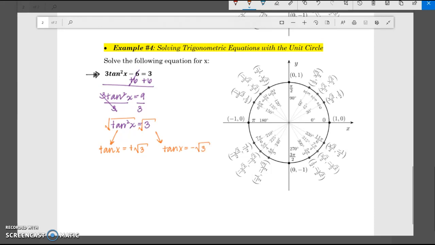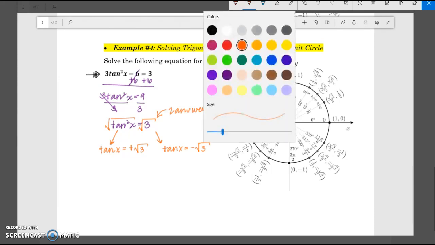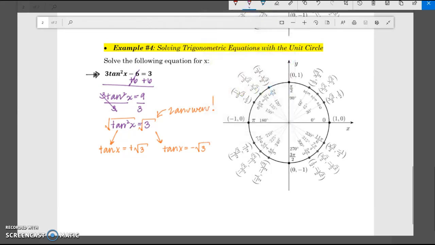So remember that anytime you take a square root, you have 2 answers to consider, one that's positive and one that's negative. So that means we have 2 different operations that we're going to solve. Once we get tangent by itself, we can go ahead and undo the tangent to get x all alone by taking the inverse tangent.